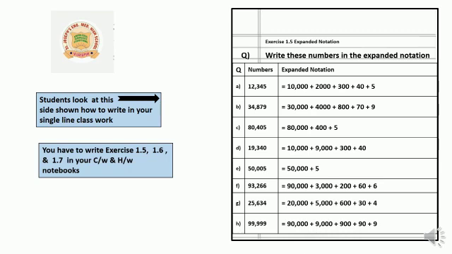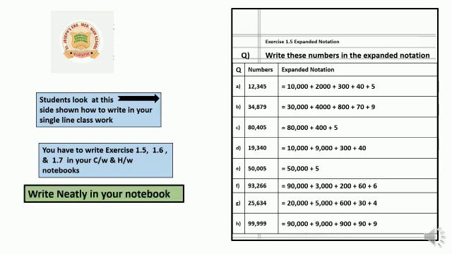Why? Because maths is a practicing subject. You have to practice more and more. However many times you practice, you will become perfect in mathematics. So children, because you are staying at home, you have enough time to practice. So practice more with neat writing. You compulsorily have to write neatly in your notebook.